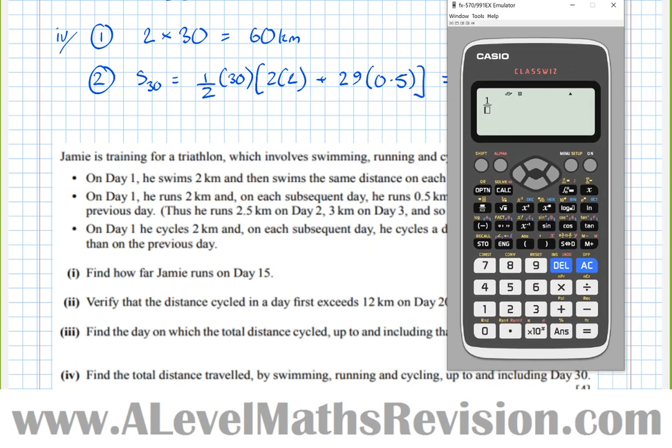So a half, 30, 2a plus n minus 1 d, which is 277.5.